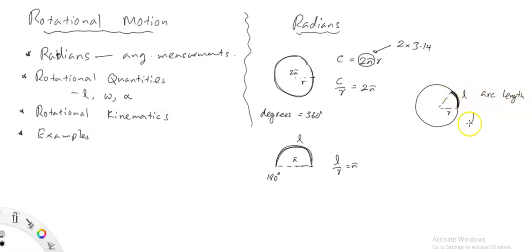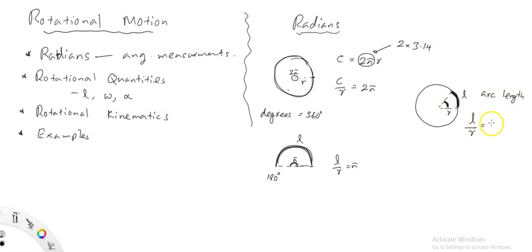I divide this length by this radius, I get this portion. Like over here, when you divide the entire circumference by the radius, I get this entire angle covered, right? When I divide this half of the circumference by the radius, I get this half of that 360, which is 180 portion covered. When I divide this length by the radius, I get whatever the angle inside that.